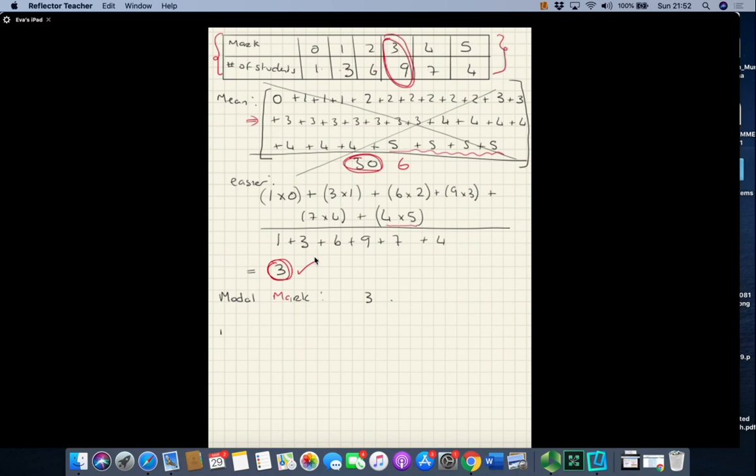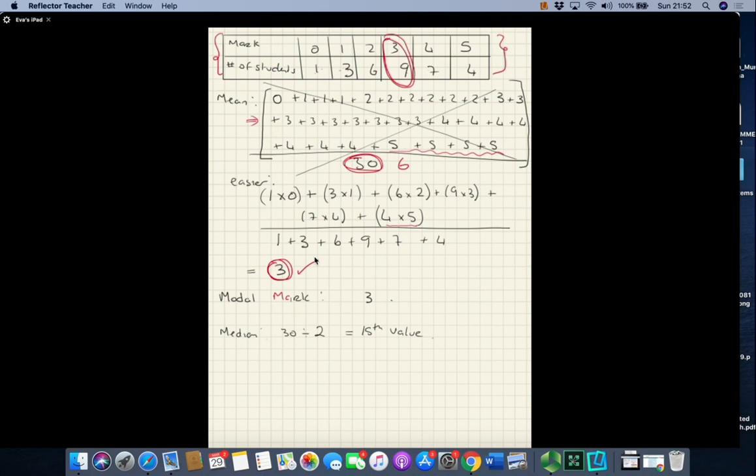Median, yes, of course you could write all 30 values out if you wish, like I've done there, or you go half of 30 is 15. So where does the 15th value lie? So I go, what's halfway? It would be the 15th value. So where does my 15th value lie?